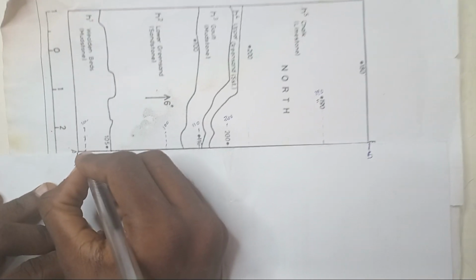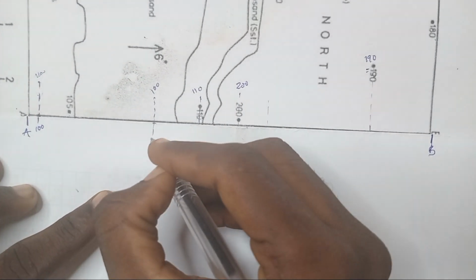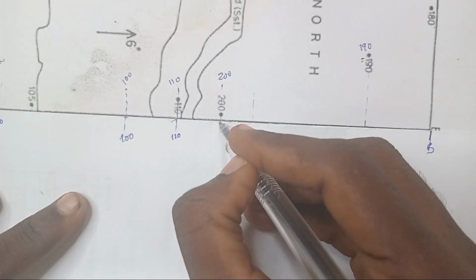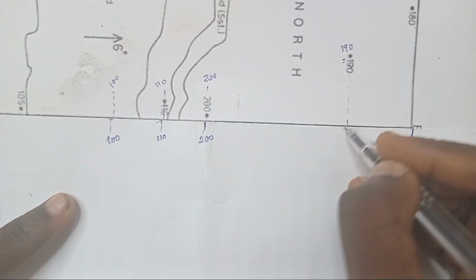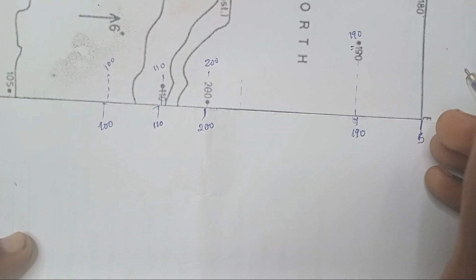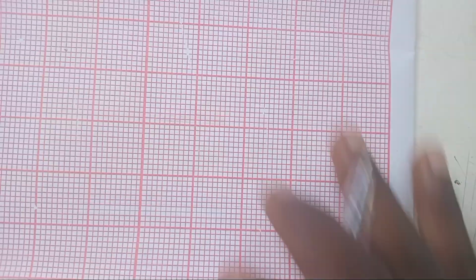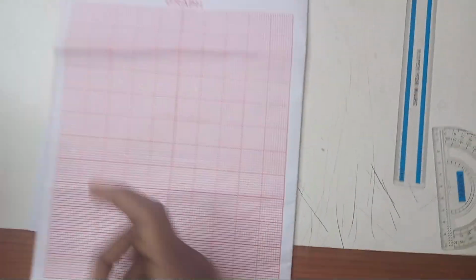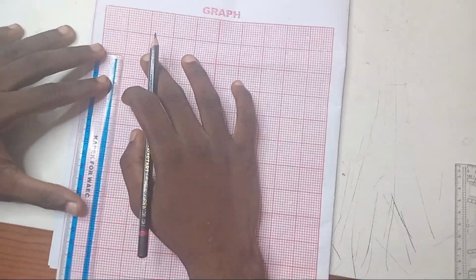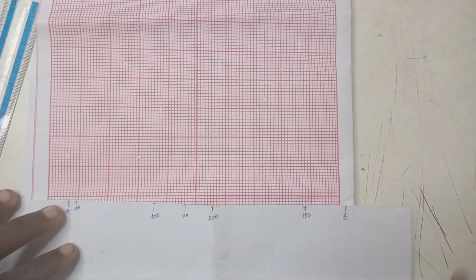Okay, so here we have 100 contour, we have 100 contour, we have 110, we have 200, and we have 190. Okay, now you've drawn your contour. You move to your map. Now let's go to our graph. I'm just using graph. In the next session, I can use A4 and I can still use my graph. So the first thing, you take this. So I don't use your ruler.